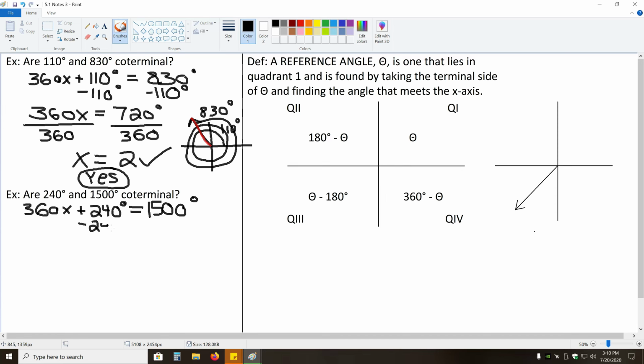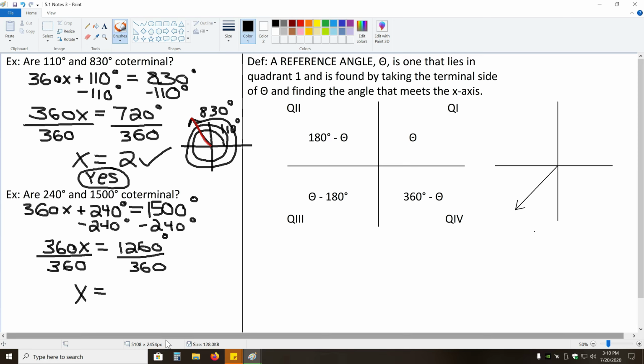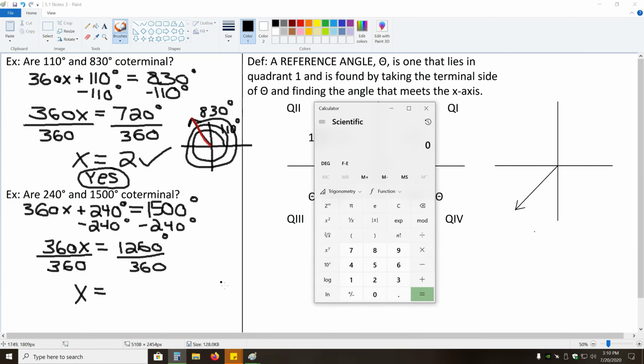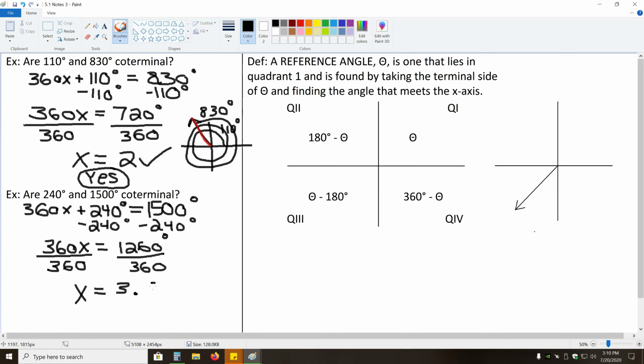We'll subtract 240 degrees to start getting our x alone. And when we do that, we get 360x equals 1260 degrees. And now if we divide each side by 360, we'll be left with x equals, and like I said, you can use a calculator on this one really quickly, 1260 divided by 360 gives us 3.5.